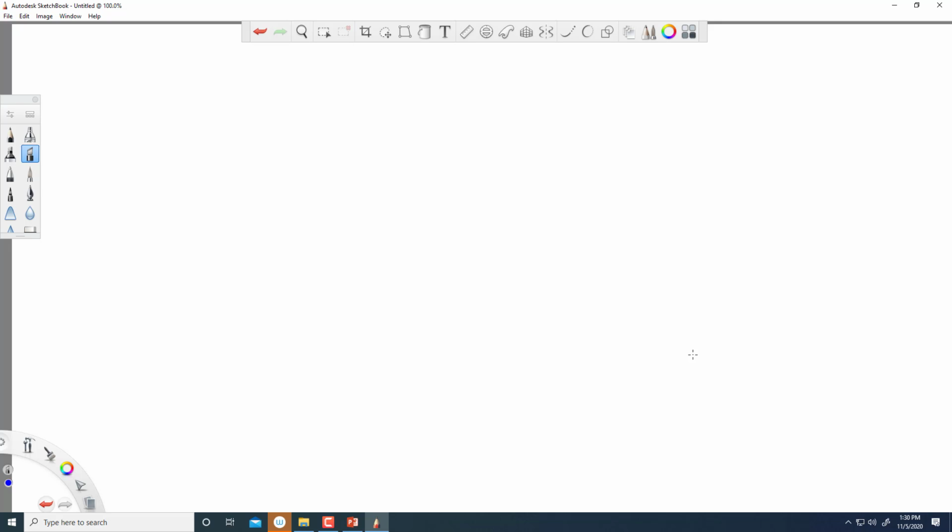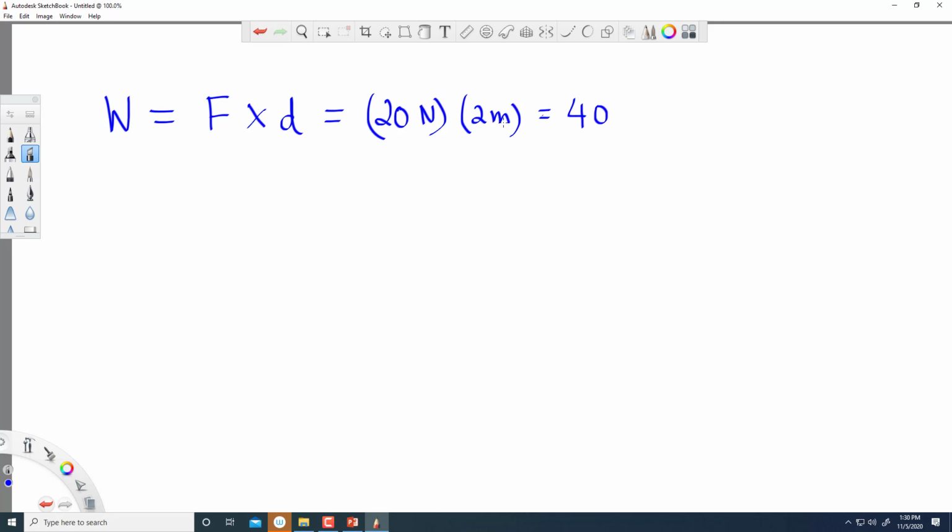This doesn't need the work energy theorem, it's just work. It's not asking for the energy, so you just need to find the work. The basic formula for work is force times distance. Force is given, distance is given, so the calculation is pretty straightforward. Just multiply 20 and 2, that will be the work. 40. The unit of work is joules.